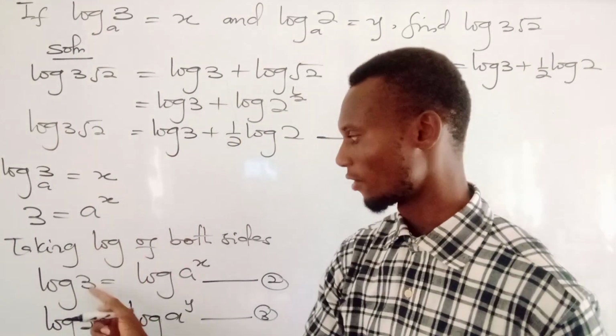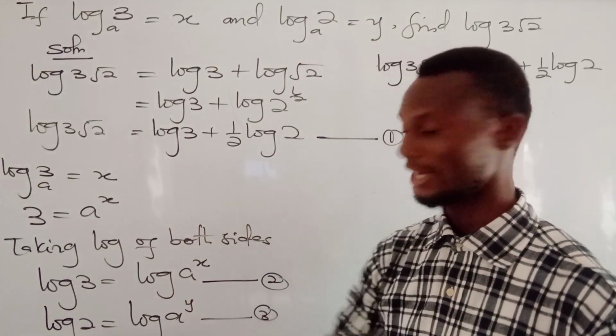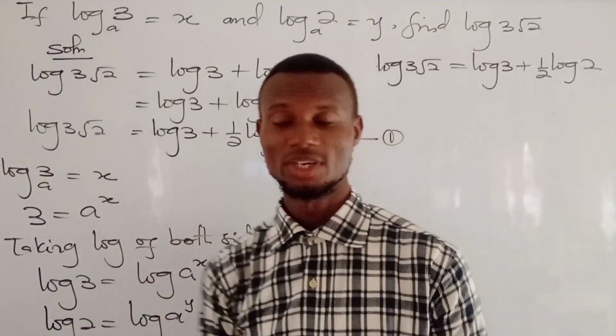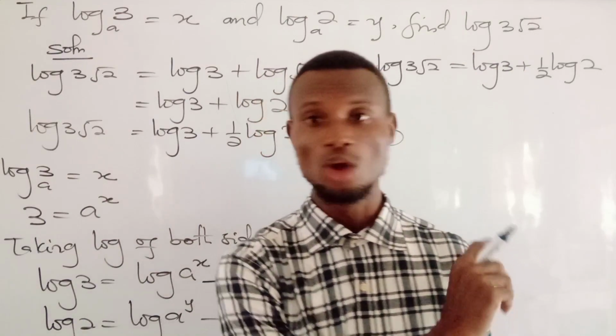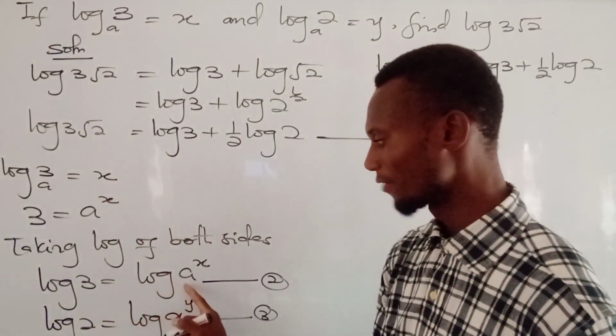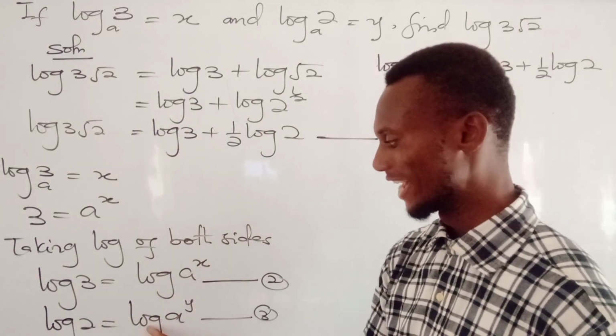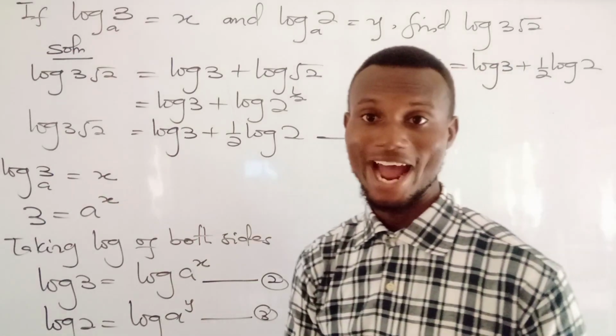This is our value for log 3 and this is our value for log 2. Wherever we see log 3, we are going to put the log of a to the power s there, and wherever we see log 2, we are going to put the log of a to the power y there.